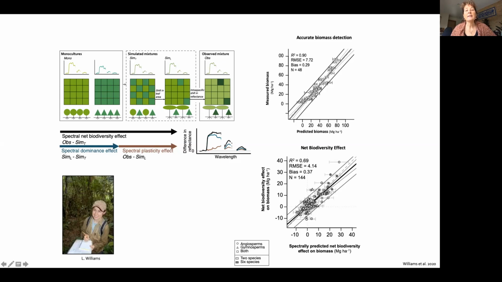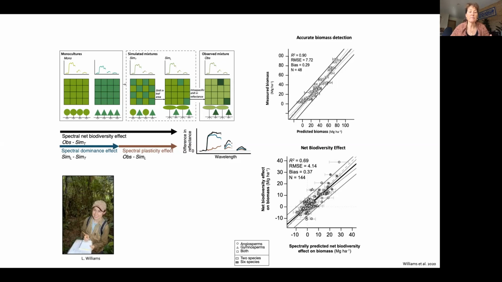And those simulated mixtures could be compared to the spectra from the actual mixtures, to capture the ecosystem consequences of the productivity effect of growing multiple species together. So that's often called the net biodiversity effect.